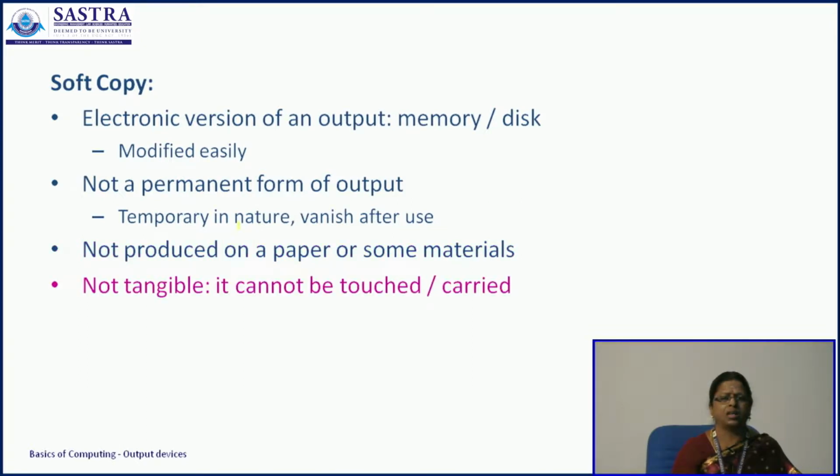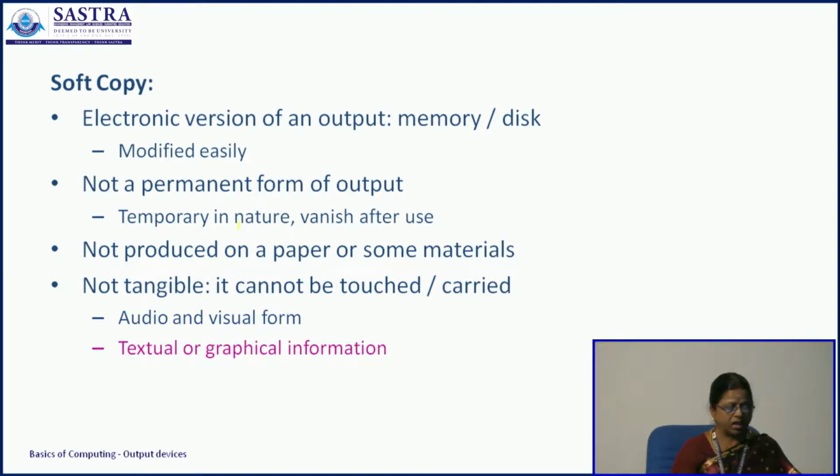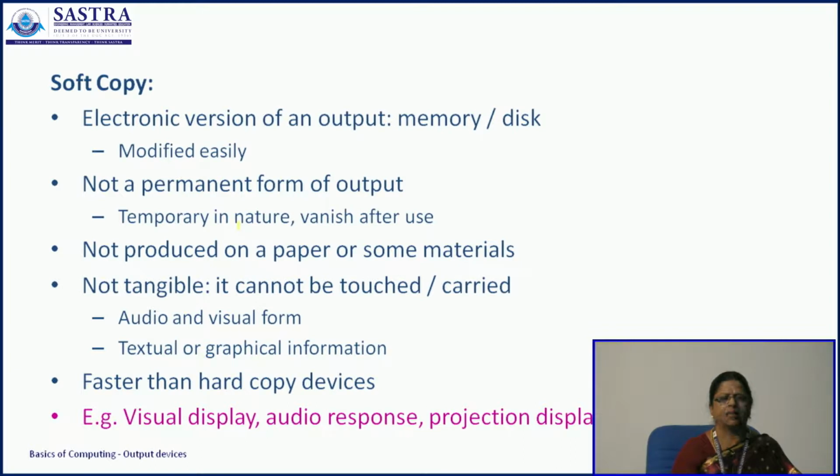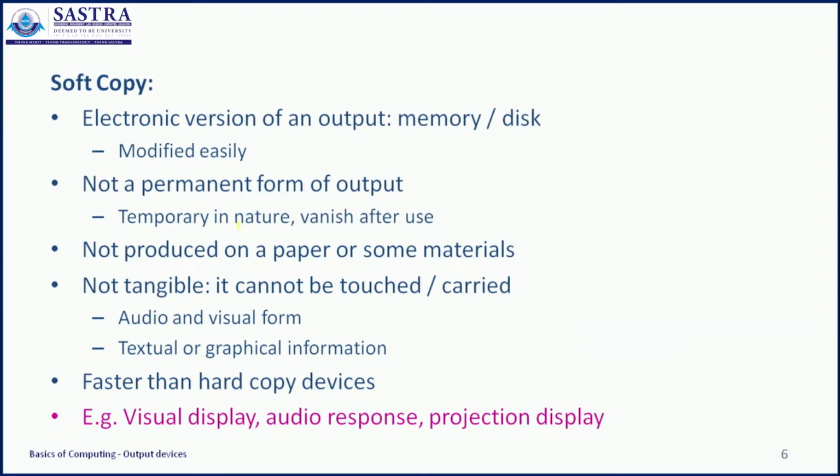It is not tangible, which means it cannot be touched or carried by us. It is in audio or visual form, and can be textual or graphical information. They are faster than hard copy devices. Examples are visual display, audio response systems and projection display.